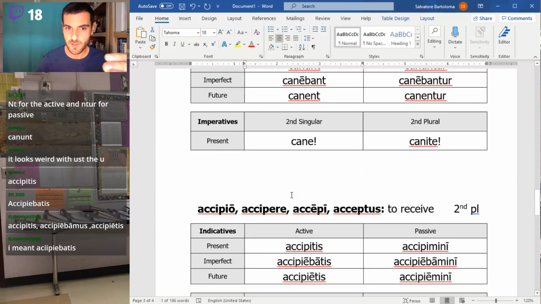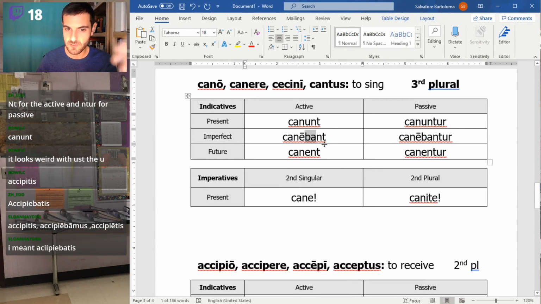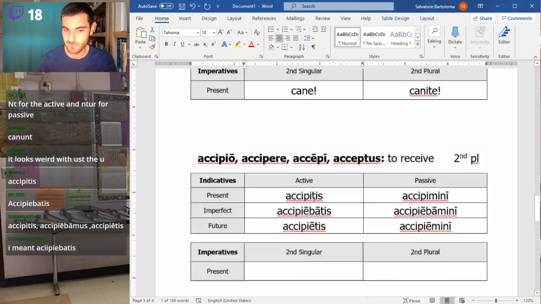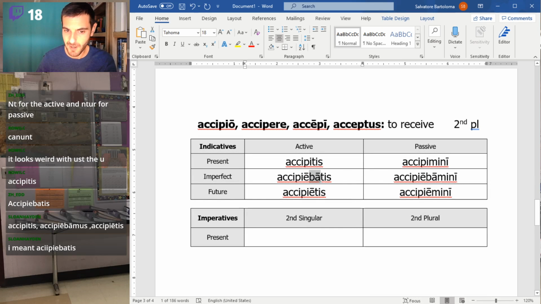For third and third IO and fourth, essentially all you're doing is just getting rid of the BA and leaving everything else the same. Right? Conebant becomes conent. Accipiebatis just becomes accipietis. Basically just get rid of the BA. It's the same vowel pattern. It's just you don't have the BA anymore. You just have the vowels IE.